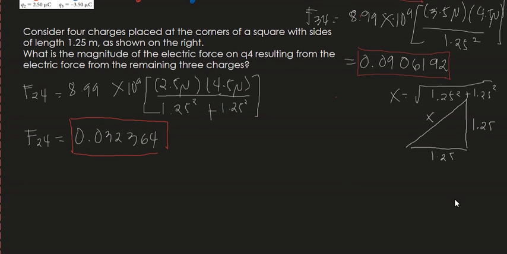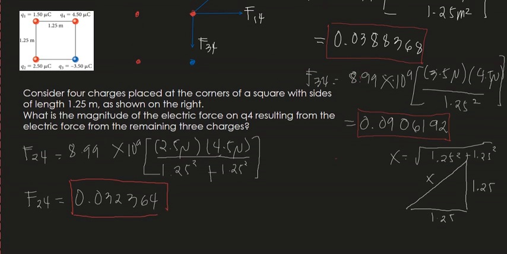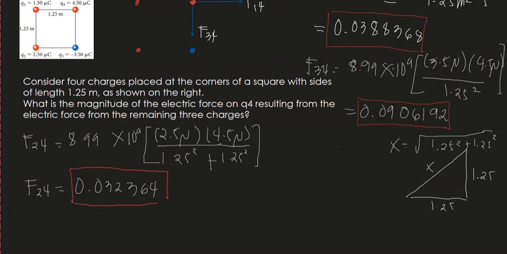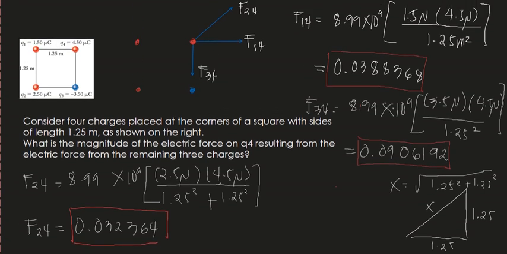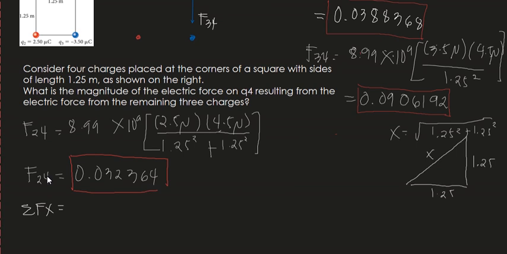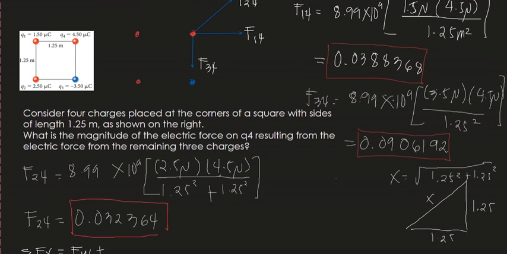This time we'll have the summation of forces. Take note of the forces we experience. We will have the summation of forces along x and along y. The summation of forces along x is equal to F14 plus F24, where we use the angle theta, so cosine theta.